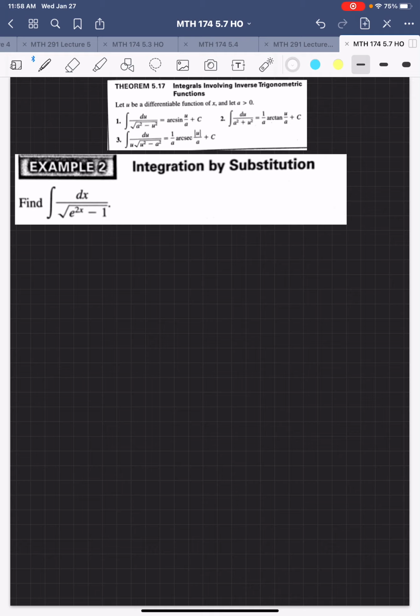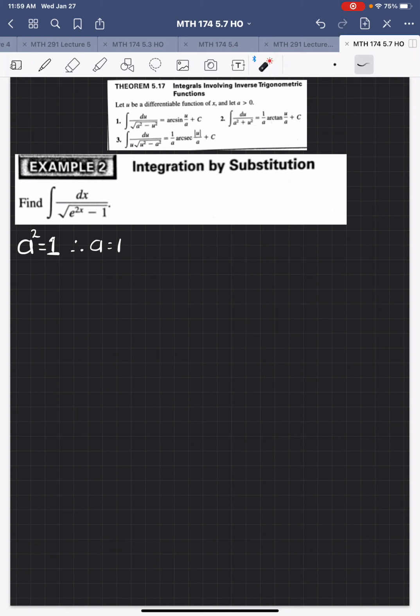Let's start with trying to define some things. In this case, what would a be defined as? Remember, a is the constant. Looking here, our constant is 1. So if a squared is equal to 1, then a must equal 1.